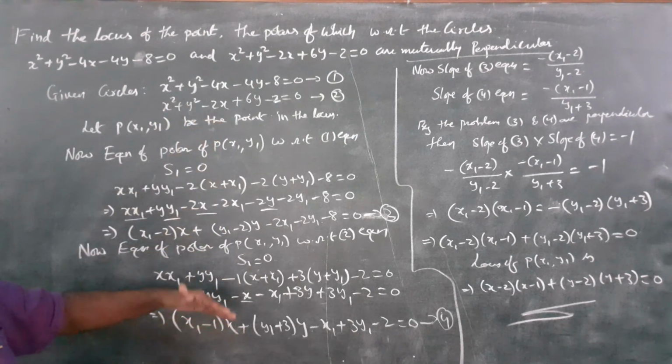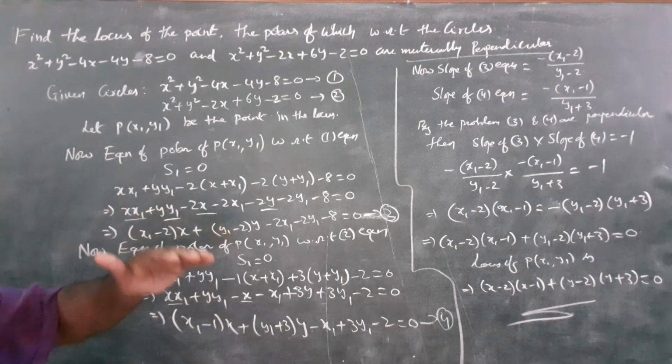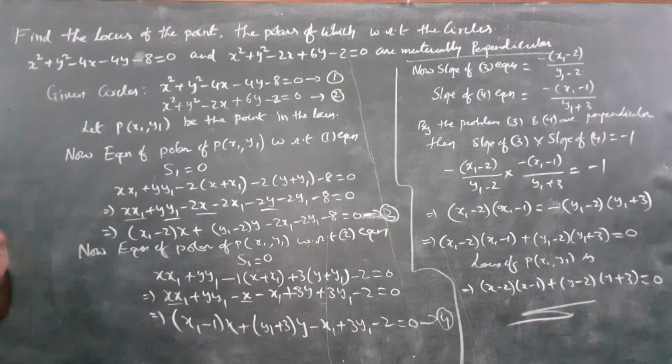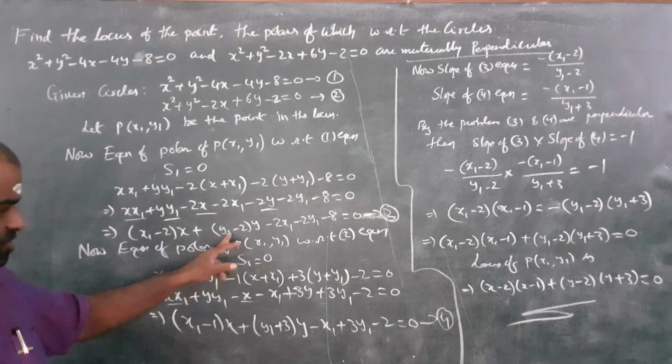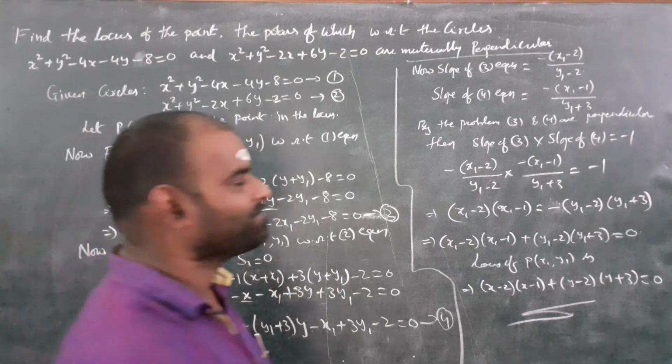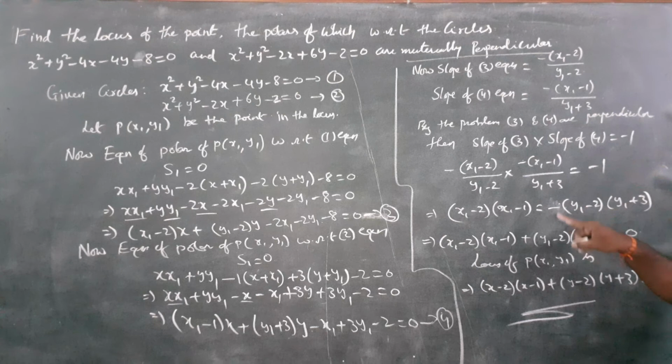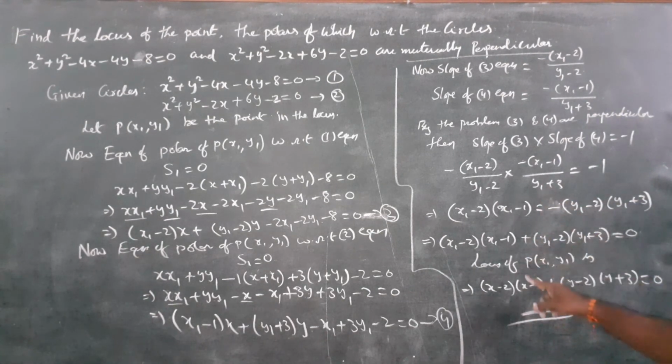So two polars will be obtained. After that, the problem tells us those two polars are mutually perpendicular. So the condition is the product of their slopes equal to minus 1. We find the slope of 3 and slope of 4, then slope of 3 into slope of 4 equal to minus 1. We substitute the slopes here and simplify it, then you get the locus.